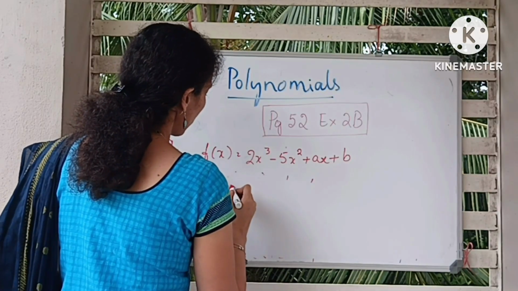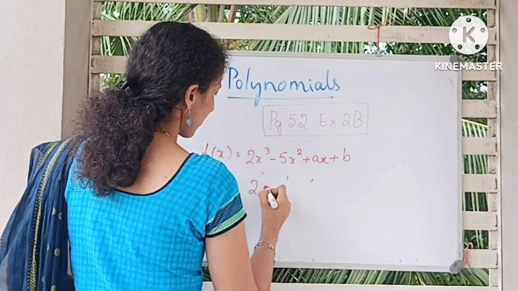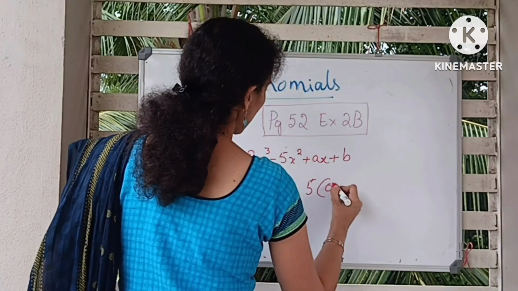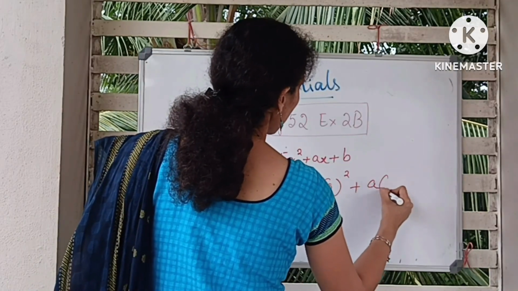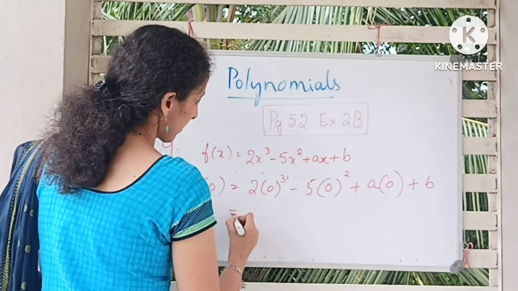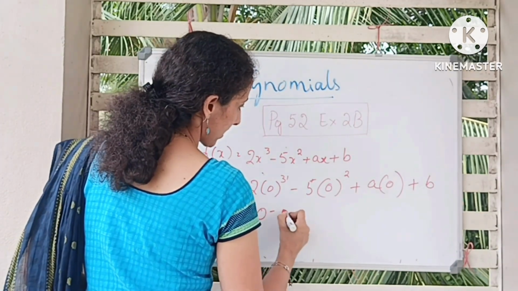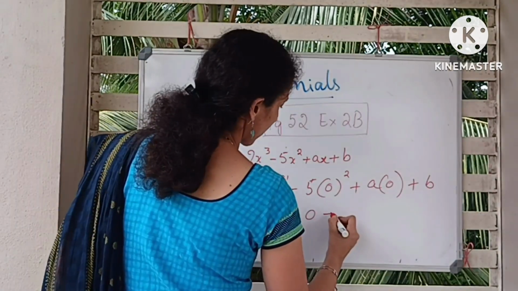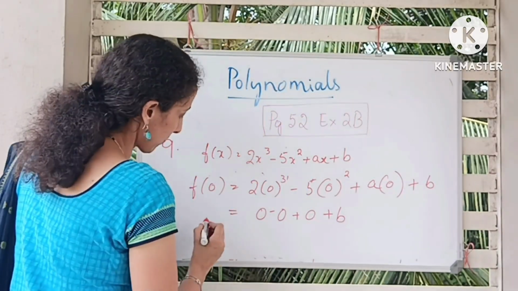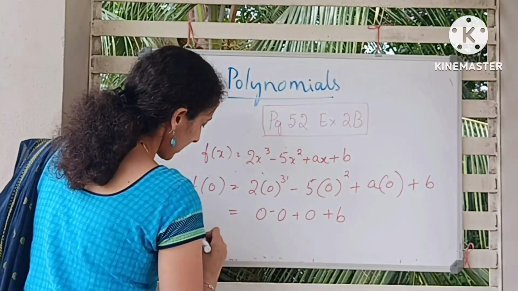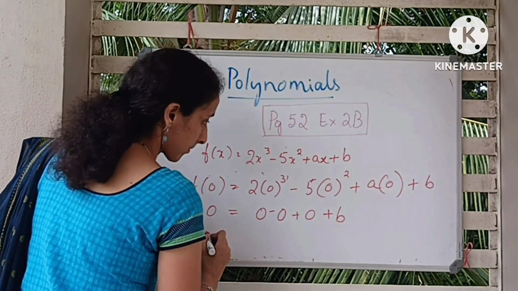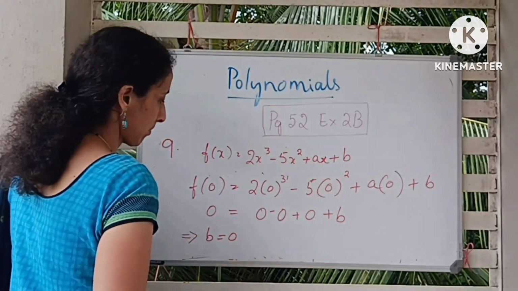F of 0 is equal to 2 into 0 cube minus 5 into 0 square plus a into 0 plus b. Then this becomes 0 minus 0 plus 0 plus b. So f of 0 is 0, we know, which implies that b is equal to 0.